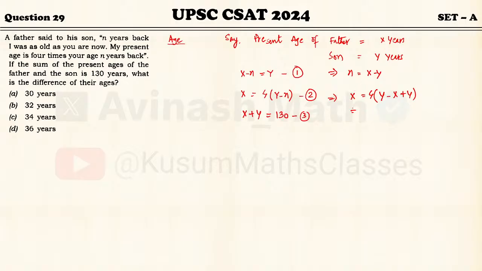Sorry. So this implies X is 4 into (2Y minus X). This implies X plus 4X is 8Y. This implies 5X is equal to 8Y, right?